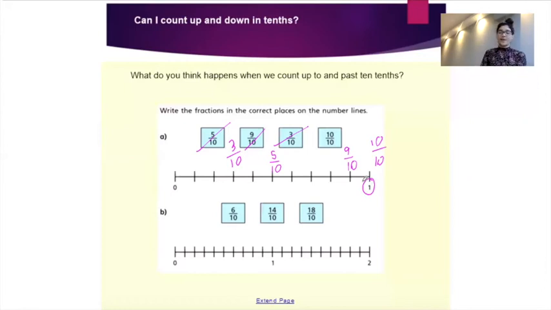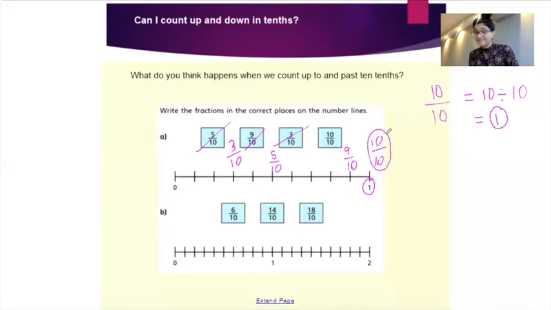Well, boys and girls, prepare to have your minds blown, because 10 out of 10, 10 tenths, is the same as saying 10 divided by 10. And what is 10 divided by 10? 1. That's why 10 tenths is the same as 1. Amazing. Maths is just delightful.